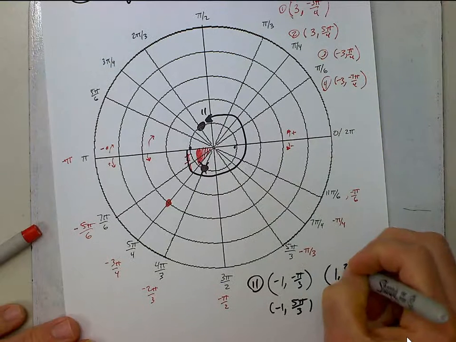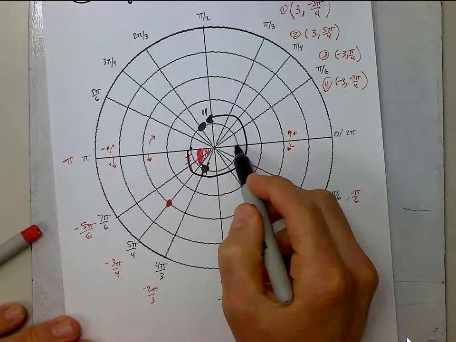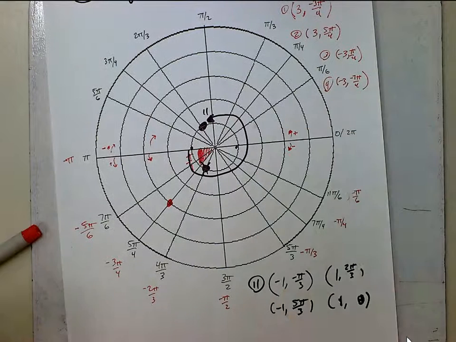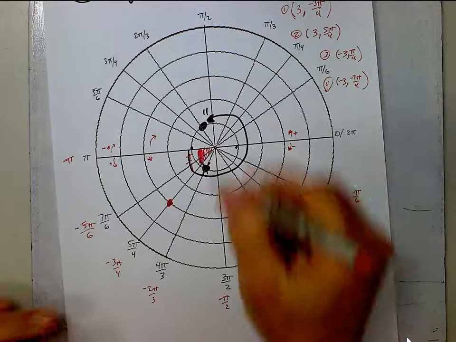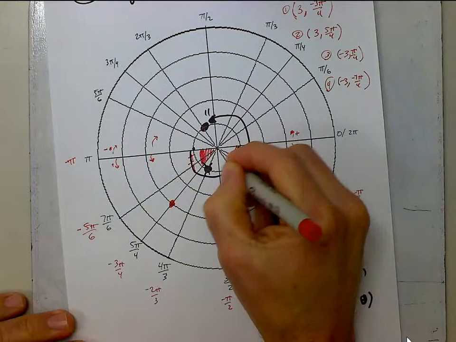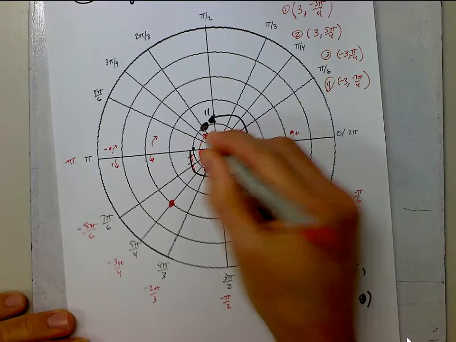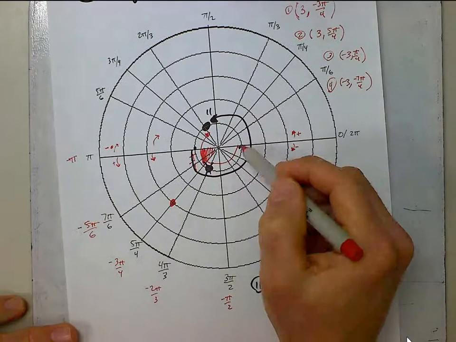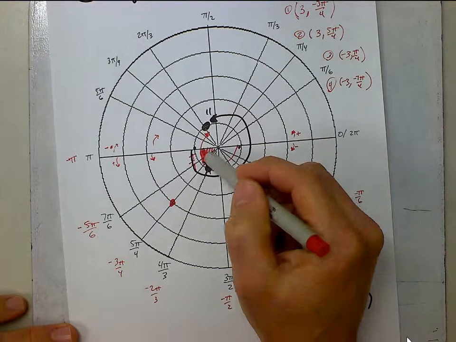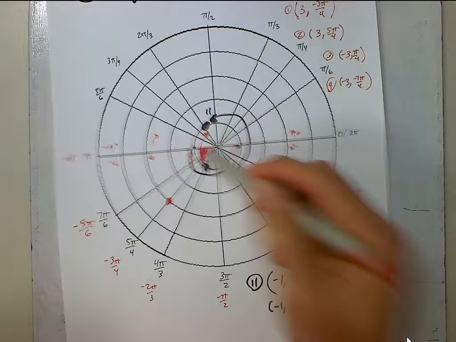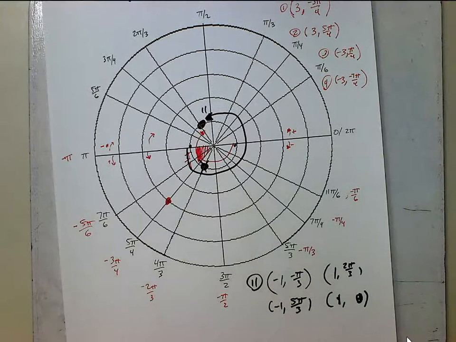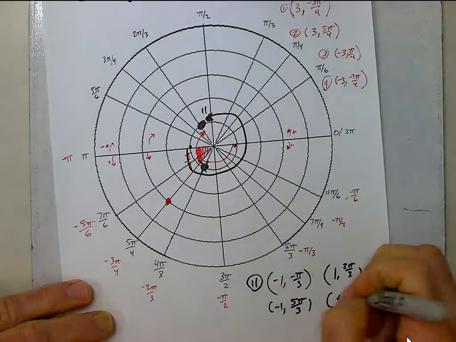Positive 1, go in the other direction, I'll put that in red. Positive 1, go in this direction around to there. So pi over 2, there's a whole pi, plus another pi over 3, so it's probably going to be negative 4 pi over 3 is the other coordinate. And there's how you try to name all of those different things.